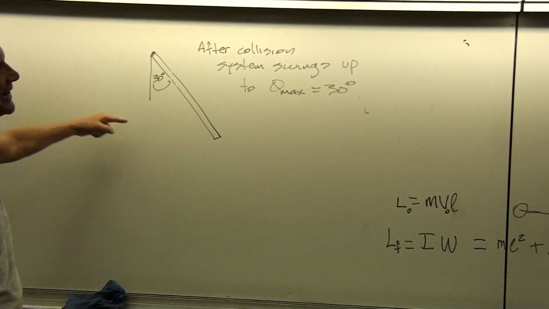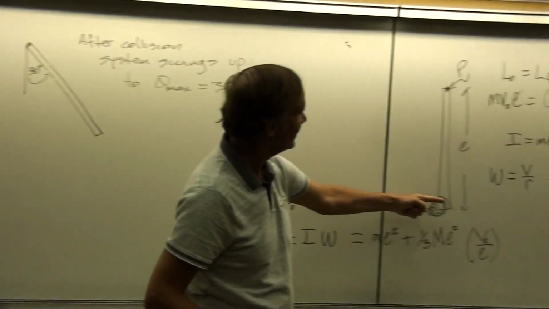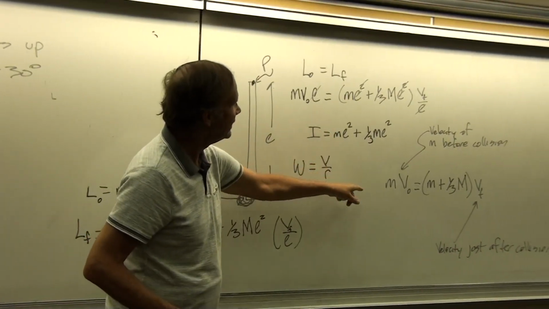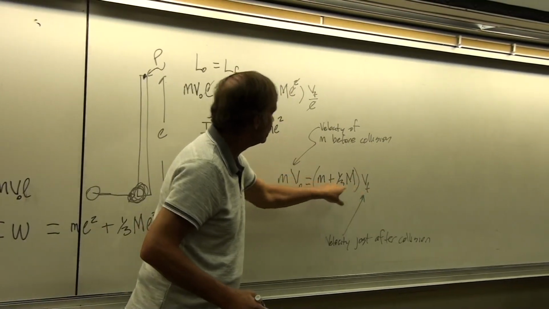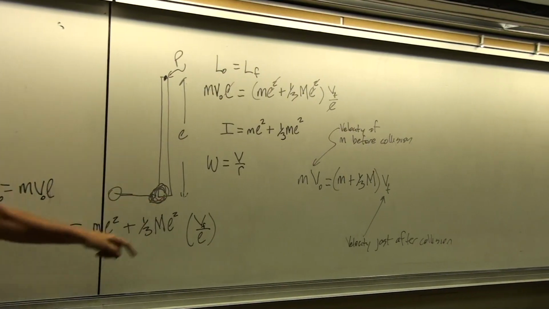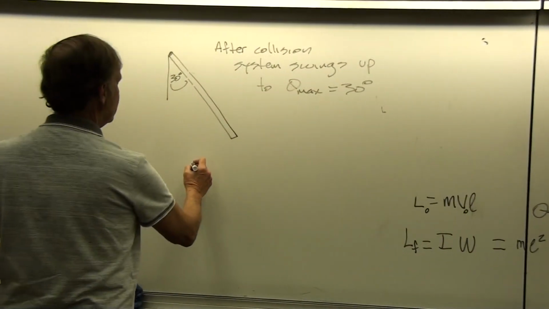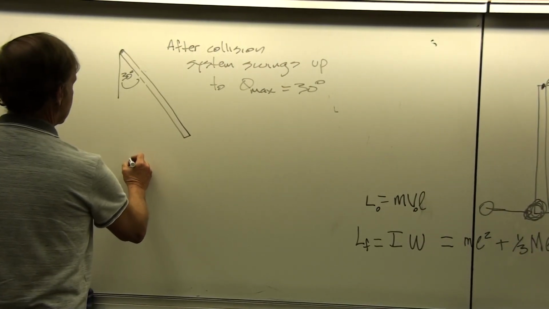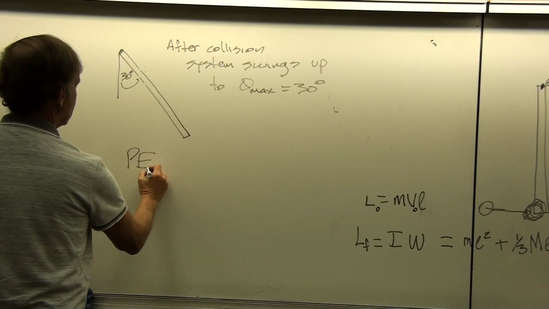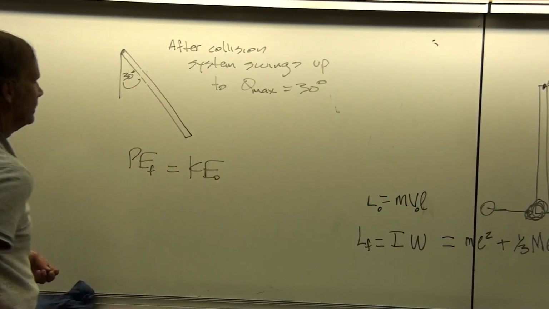So this is what connects in with simple harmonic motion: we have this mass that comes in, hits this long rod, and starts it swinging. We have a relationship between the velocities at the end of the stick, just before and after the collision. And now we can also use the fact that the final potential energy equals the initial kinetic energy.